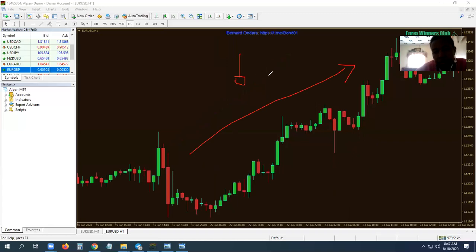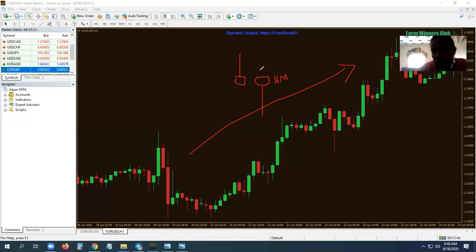If you find this, it's called a hanging man. Hanging, just to hang, like to hang from a tree. So just understand the flow.